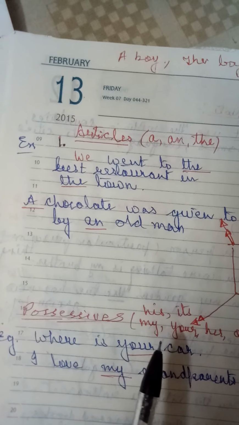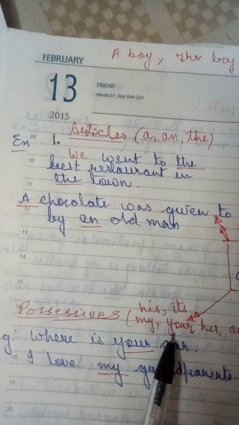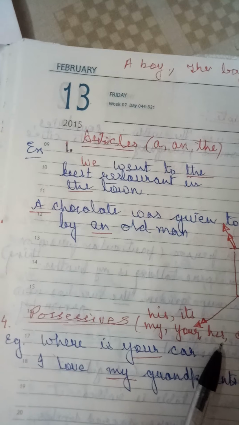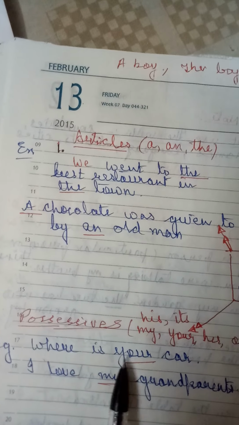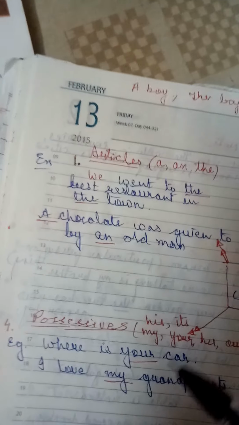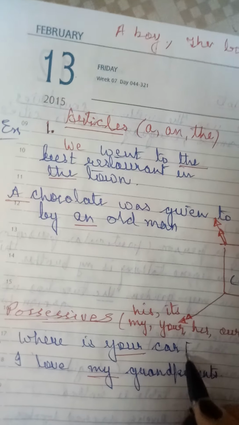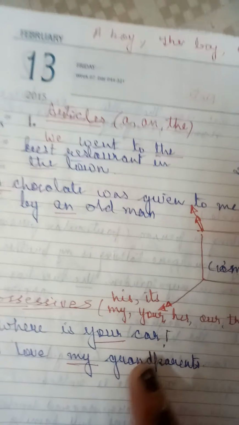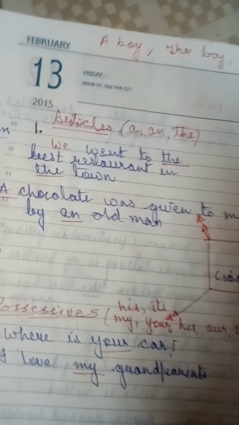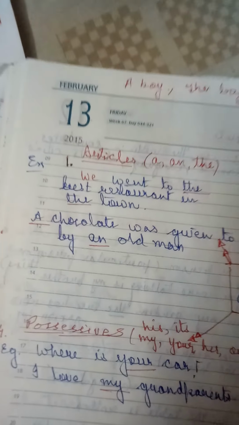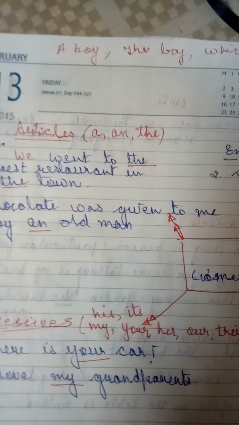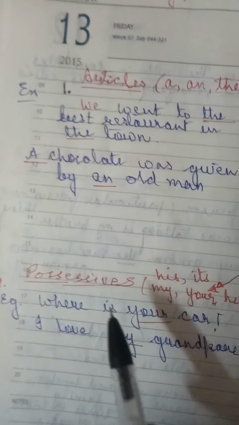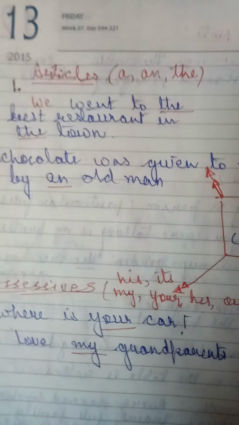You know the words his, my, your, her, our, their, its. See, where is your car? Your car, my grandparent, your grandparent, their father, his mother, my mother, her mother; when we say these, they show possession, if you remember.